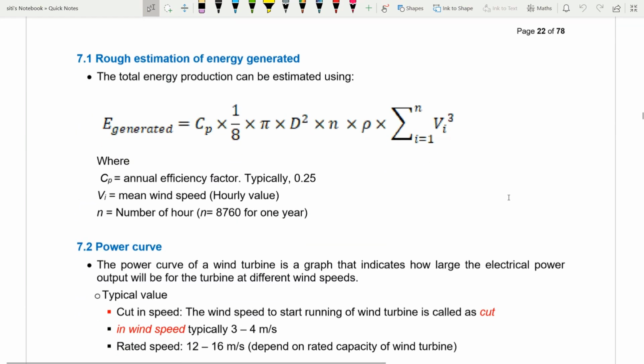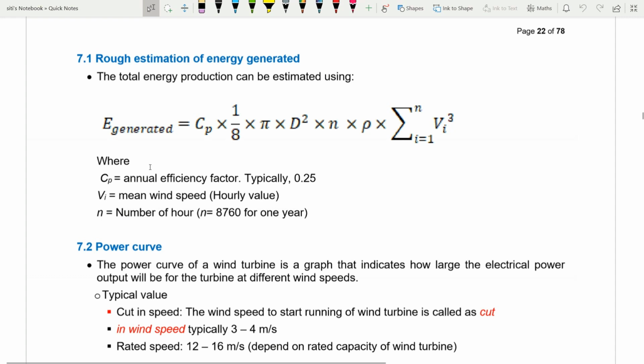Okay, we start with rough estimation, 7.1. The total energy production can be estimated using the equation E generated equals Cp multiplied with 1 over 8, multiplied with pi, multiplied with d squared, multiplied with n, multiplied with rho, and multiplied with the total of mean wind speed hourly values Vi to the power of 3, where n is the number of hours, which is 8760 hours for 1 year.